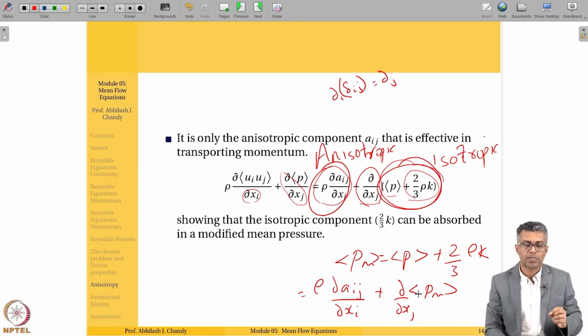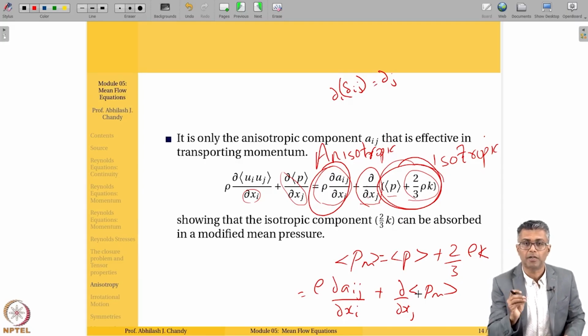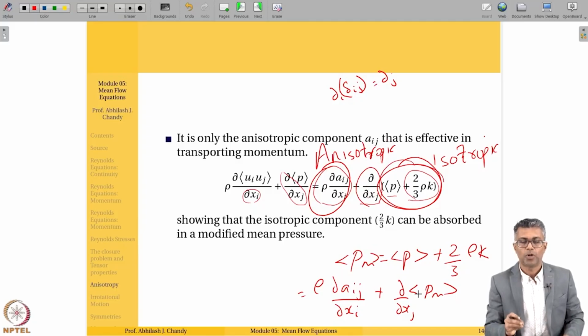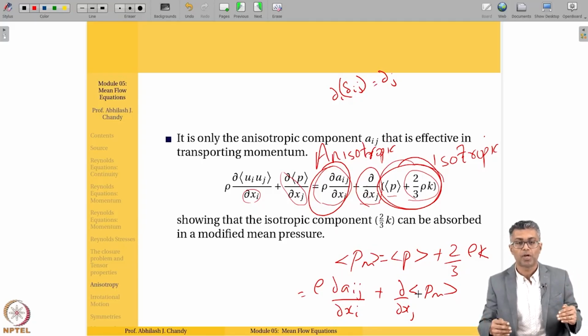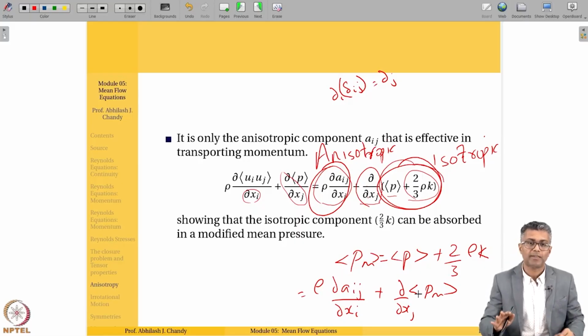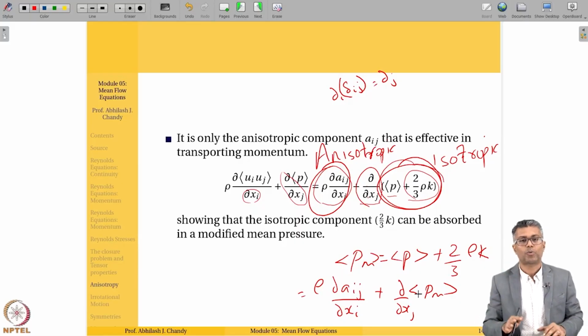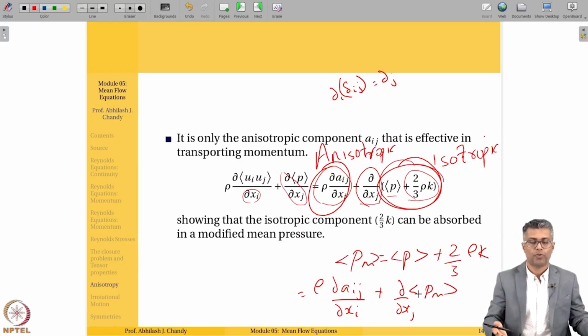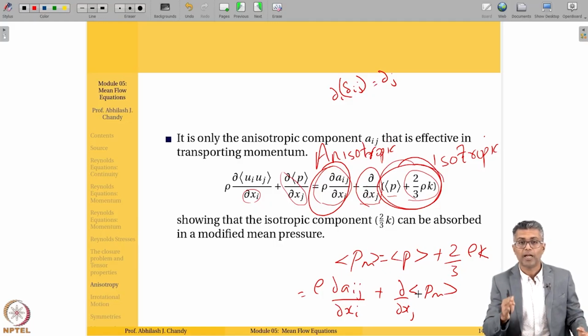We are trying to isolate the terms that matter. From the Navier-Stokes equations, we came down to the Reynolds equations, where we realized that the only term in addition to what we have generally for any kind of flow, including laminar flow, is the Reynolds stress term. And even in the Reynolds stress term, we are trying to isolate certain parts of it.